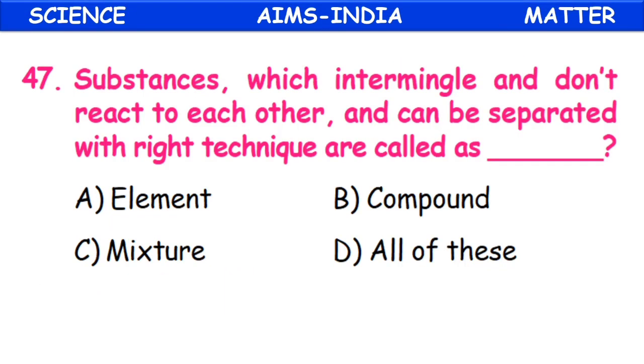47th one, substances which intermingle and don't react to each other and can be separated with the right technique are called as.